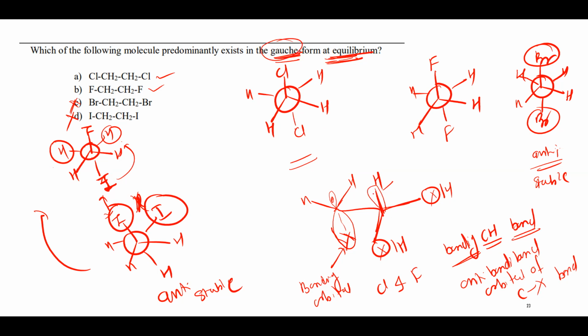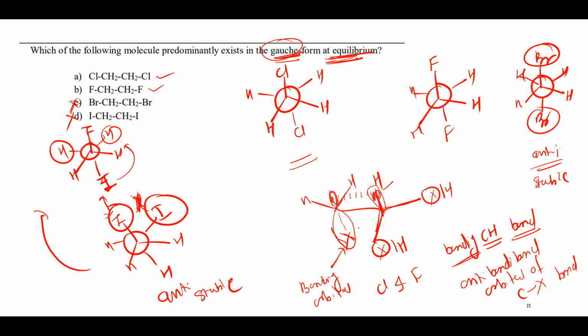So the electron from this bonding orbital and the electron-deficient center, this anti-bonding orbital, try to interact in space with each other to stabilize the molecule, or to stabilize this bond.